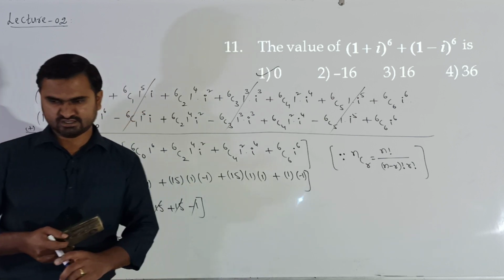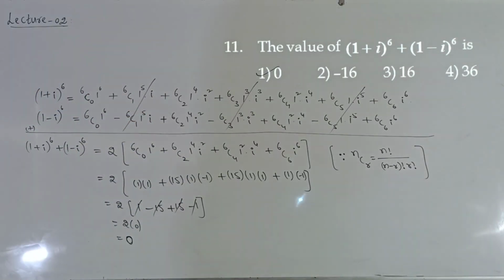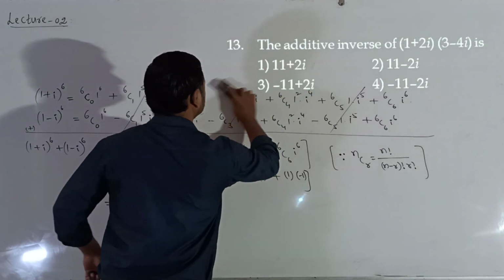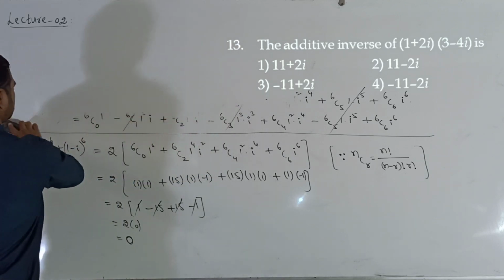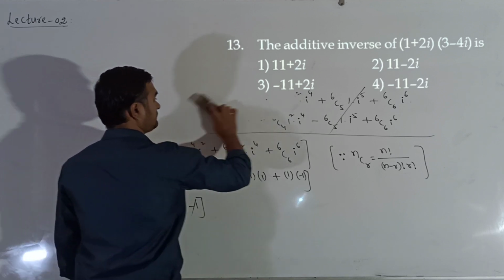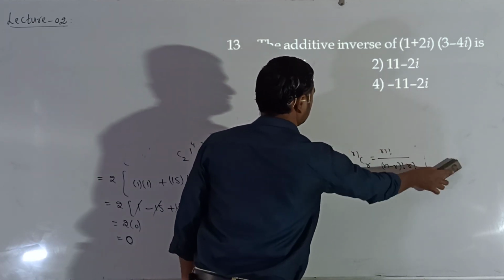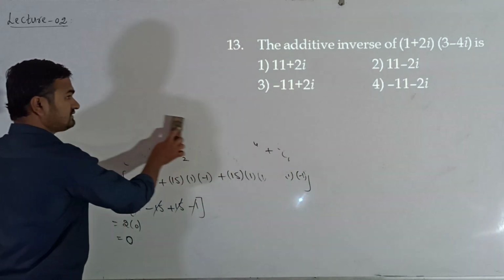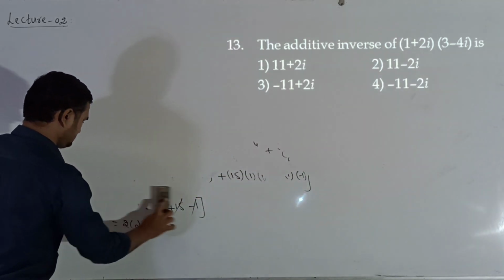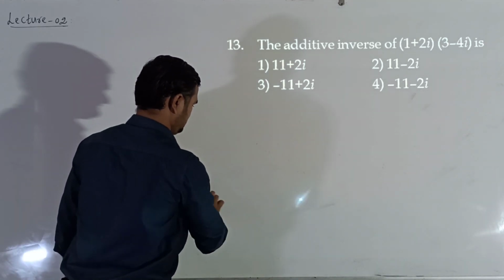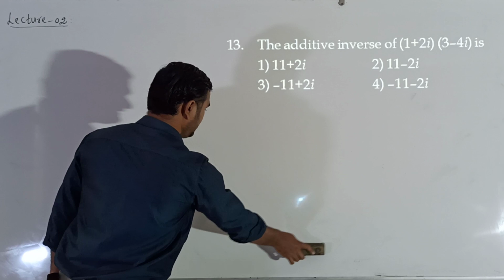Okay, next. So question number 13. The additive inverse of a complex number is, some complex number is given, we have to write its additive inverse. Now what is meant by additive inverse?